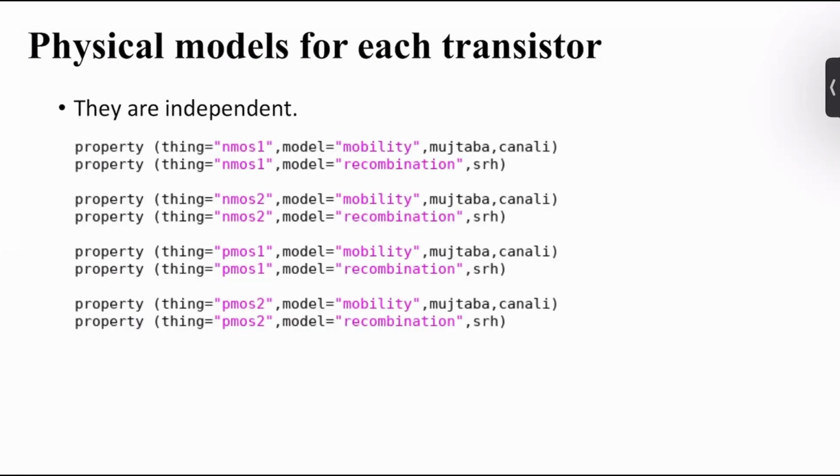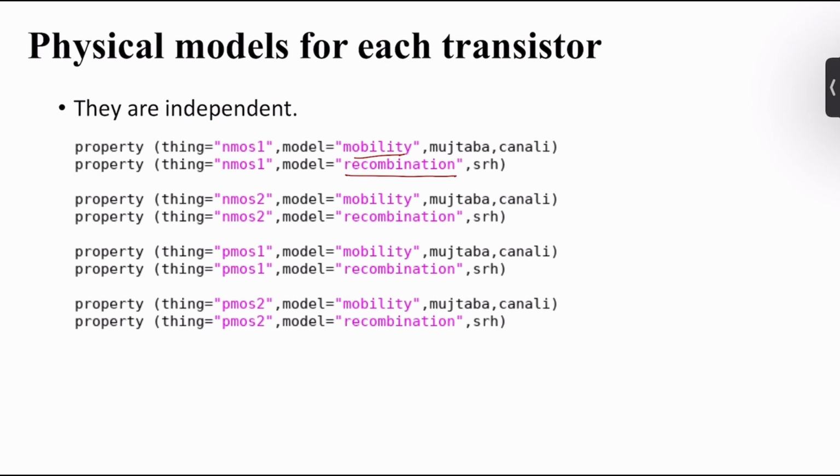So now coming to our physical model for each transistor, what they depend on and what is independent, for NMOS, NMOS2 and PMOS2: everything like mobility and recombination. Mobility is how quickly an electron can move through a metal or semiconductor when pulled by an applied voltage.